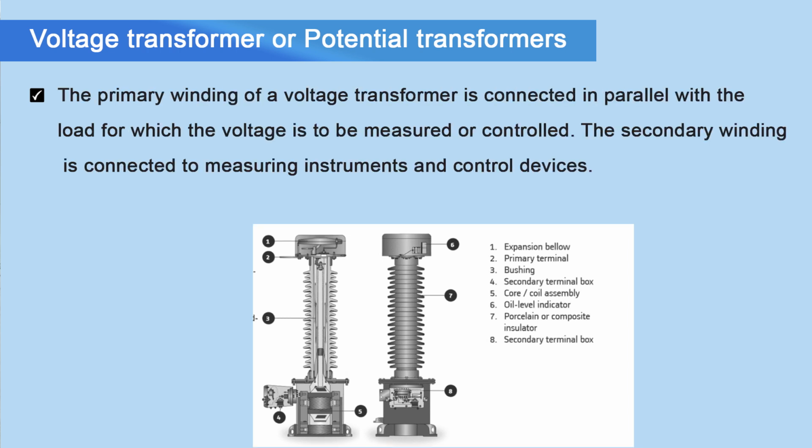The primary winding of a voltage transformer is connected in parallel with the load for which the voltage is to be measured or controlled. The secondary winding is connected to measuring instruments and control devices.